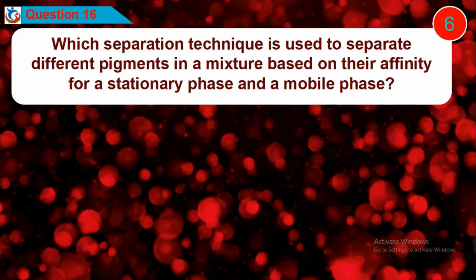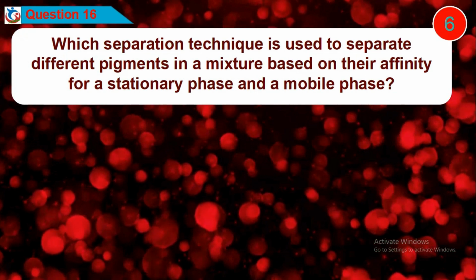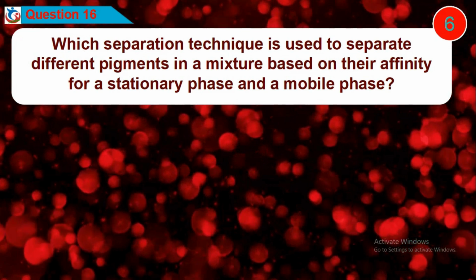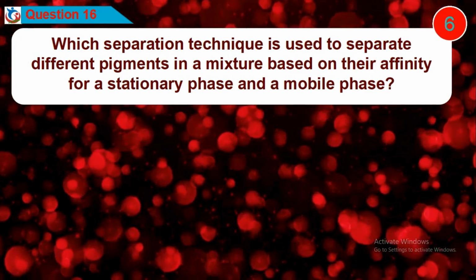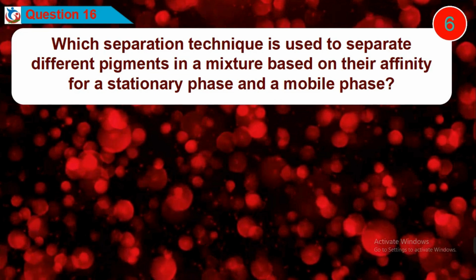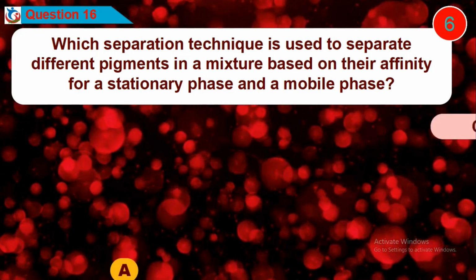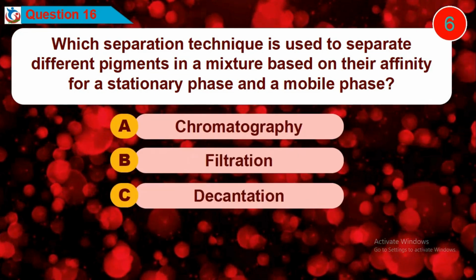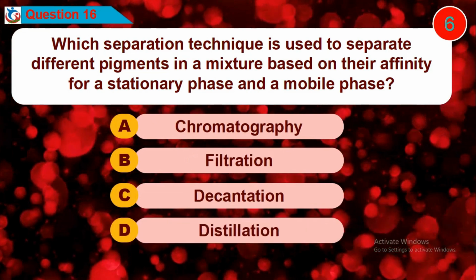Question 16. Which separation technique is used to separate different pigments in a mixture based on their affinity for a stationary phase and a mobile phase? Is it option A, B, C, or D?